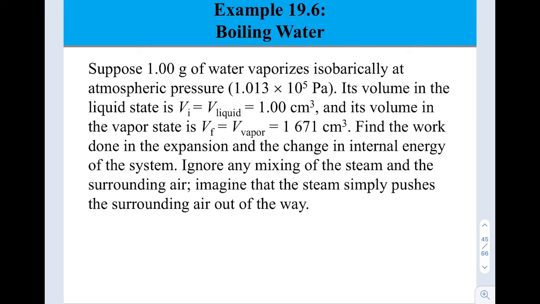Find the work done in the expansion and the change in the internal energy of the system, ignoring any mixing of the steam and the surrounding air. We completely refer to this as the ideal case. Imagine that the system simply pushes the surrounding air out of the way.